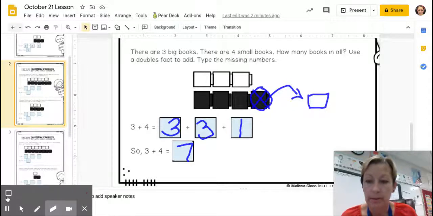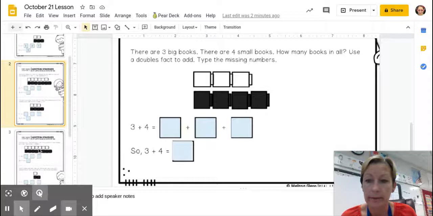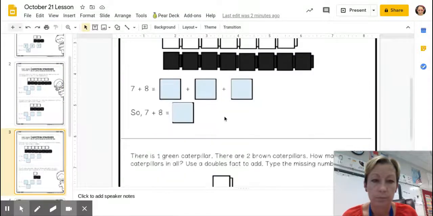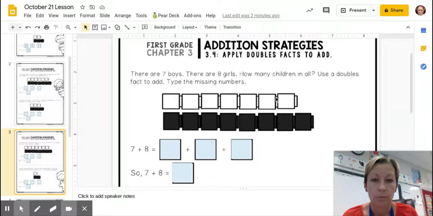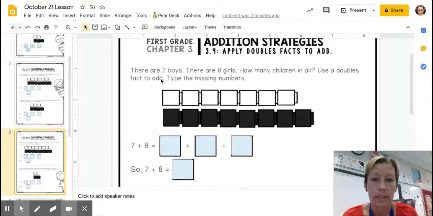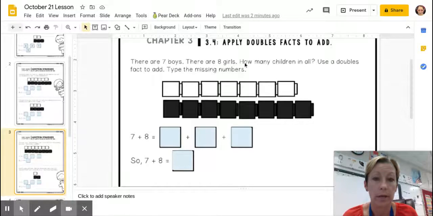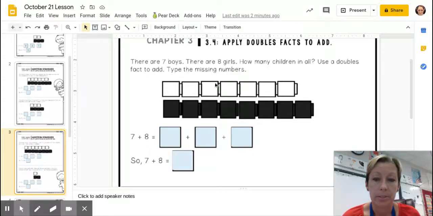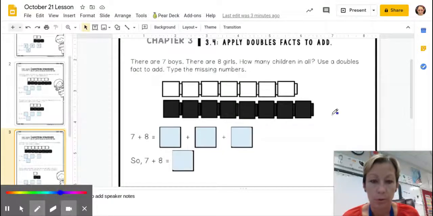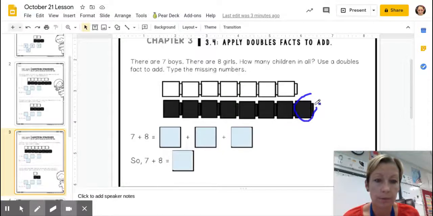All right, let's look at the next slide. There are 7 boys. There are 8 girls. How many children in all? All right, so here is my 7 for the boys and 8 for the girls. We're going to take off this one just for a second, but we're going to put it over here.